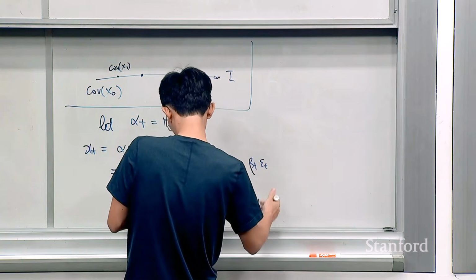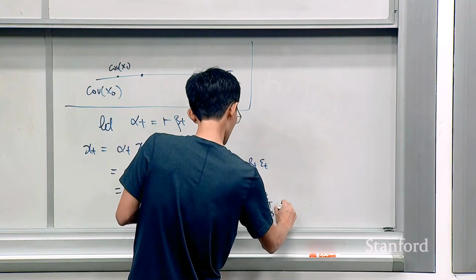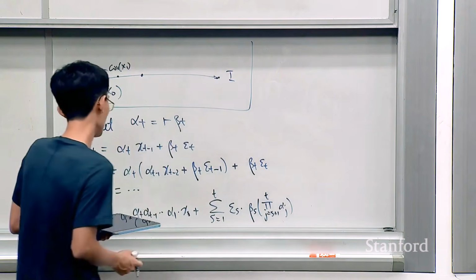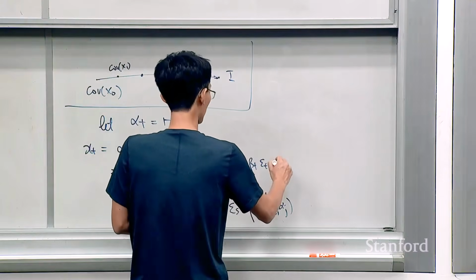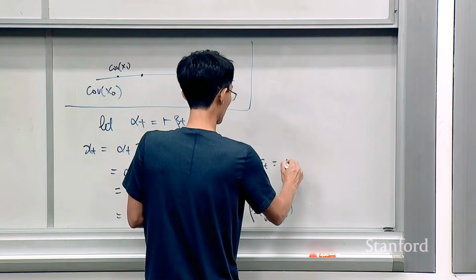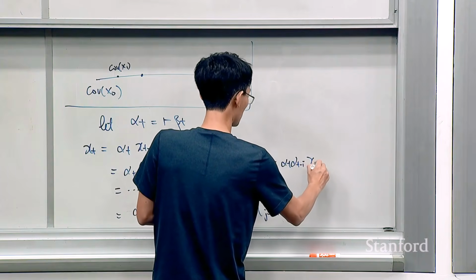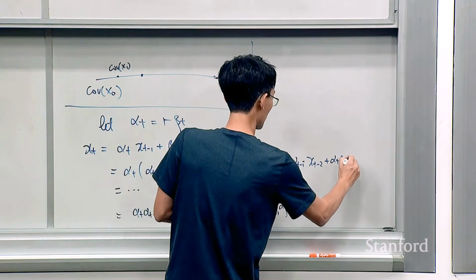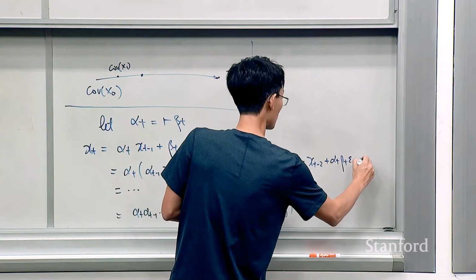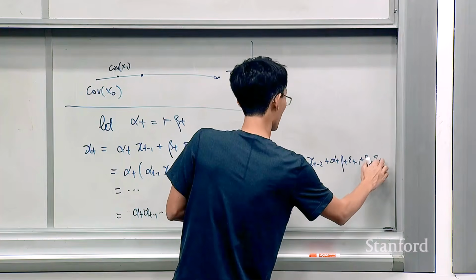If you expand this, you kind of see the beginning of it: alpha t minus 1 times xt minus 2 plus alpha t beta t epsilon t minus 1 plus beta t epsilon t.